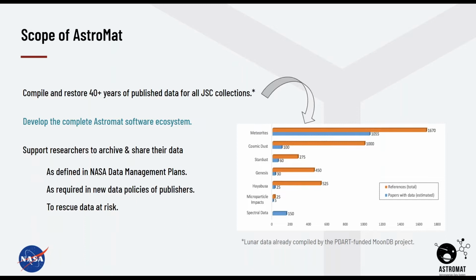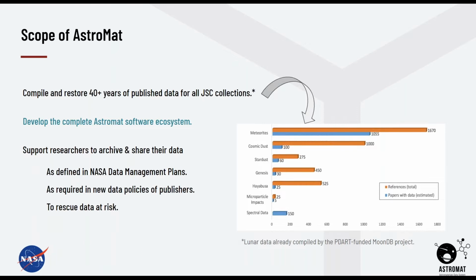So what is this 5-year project supposed to do? The first task clearly is to go into the literature and compile all the published data for the collections curated at the Johnson Space Center. There's a little graph here that clearly shows you that the biggest data set that we will compile is for meteorites.